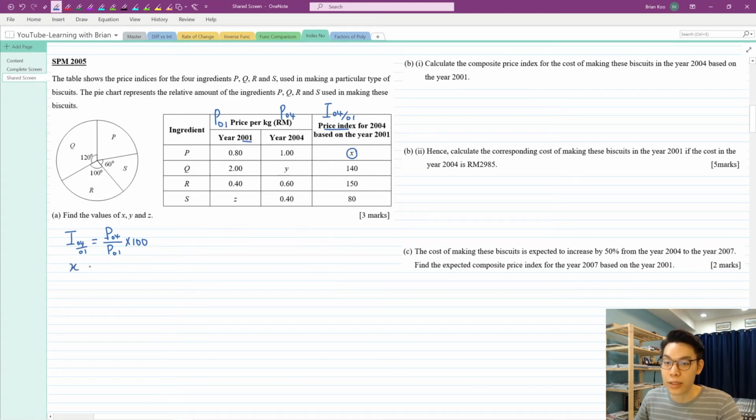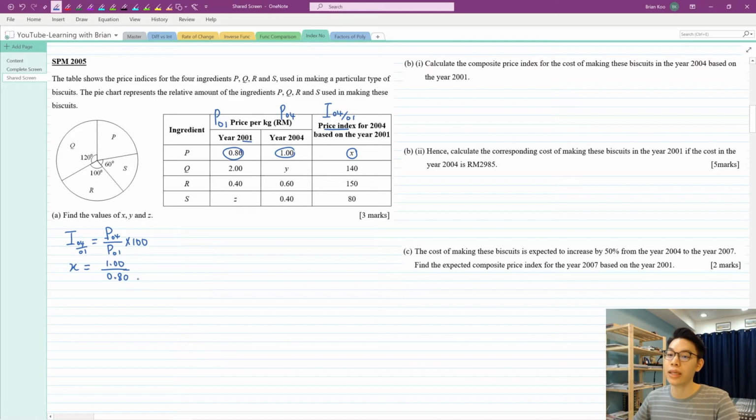The price index for ingredient P is X. And that is equal to the price in year 2004, which is 1 ringgit, divided by price in year 2001, which is 80 cents. So I'm using these values, 1 ringgit divided by 80 cents.